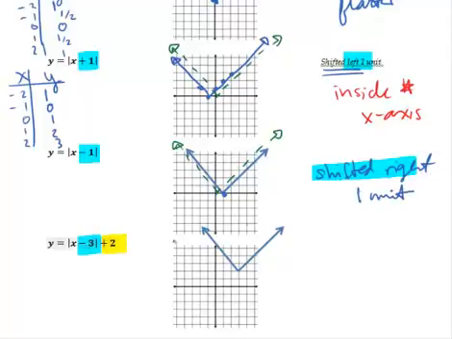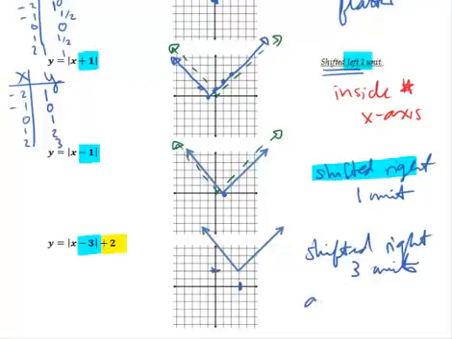So for us, the -3 should shift us right 3 units. And sure enough, look at this, 1, 2, 3 units over. And the 2 on the outside, if you look back at the other examples we've done, a +2 moves it up 2 units. So shifted right 3 units and up 2 units.